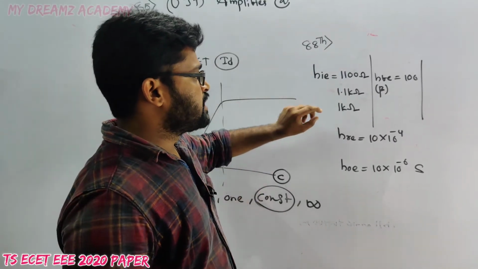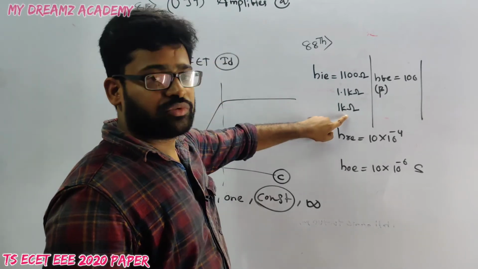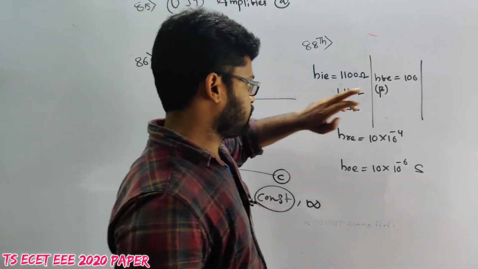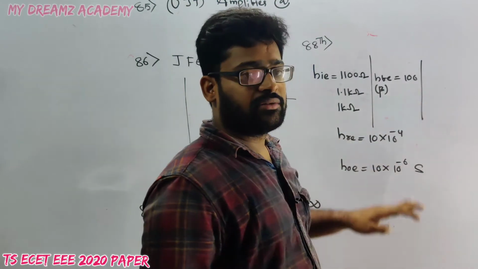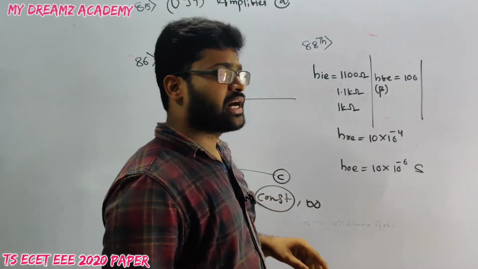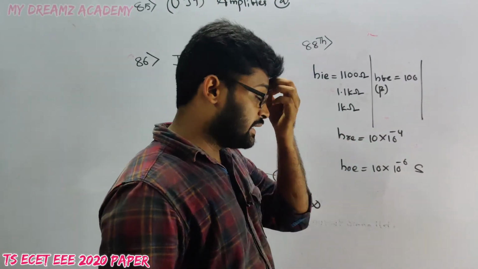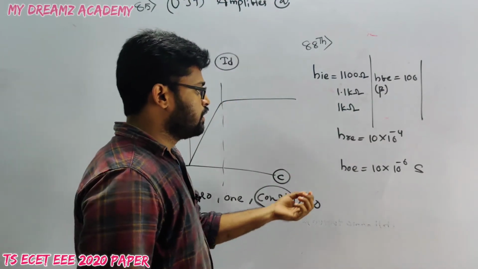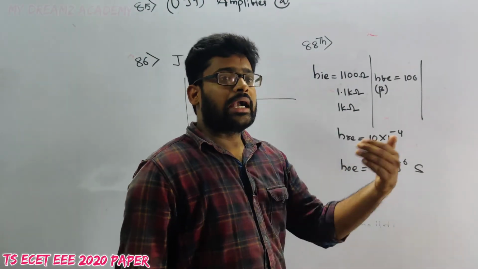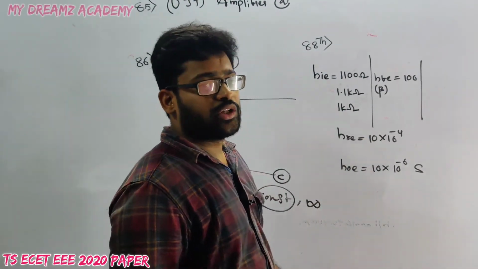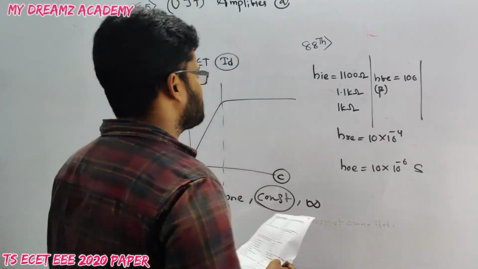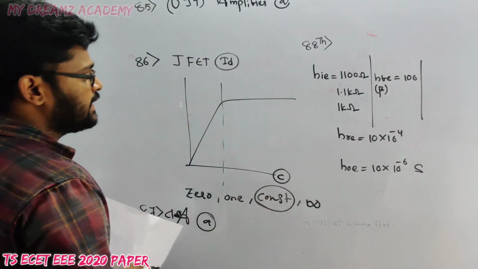So input impedance is nearly 1 kilo ohm, beta nearly 100, hre nearly 10 into 10 to the power of minus 4, and hoe output admittance 10 into 10 to the power of minus 6. This is all about 88th question.